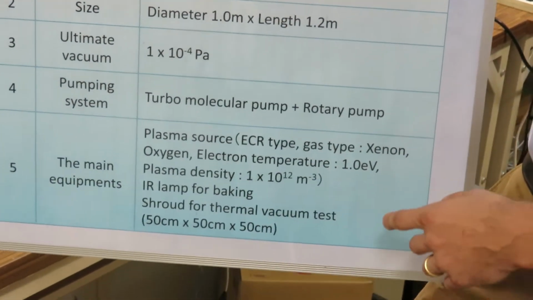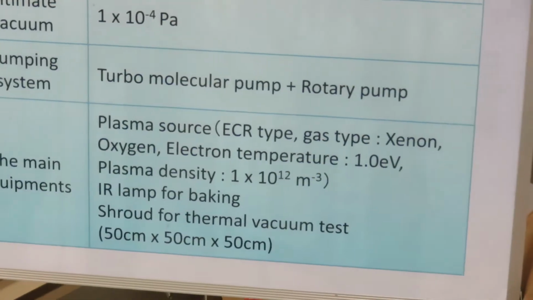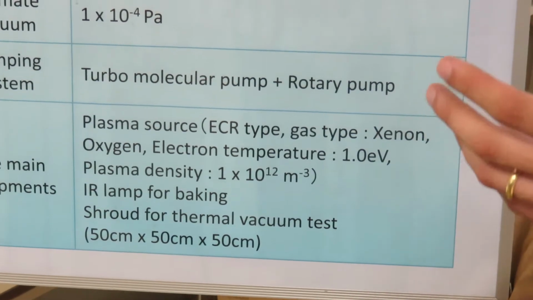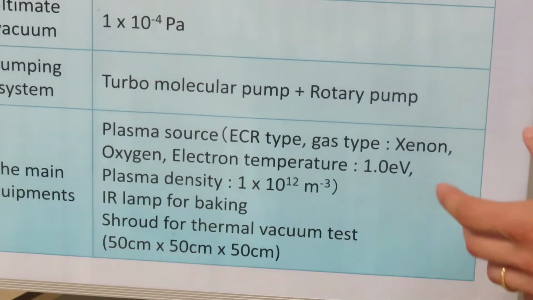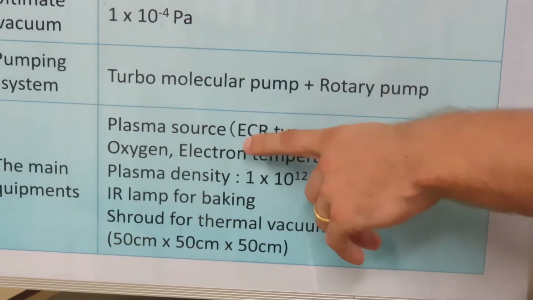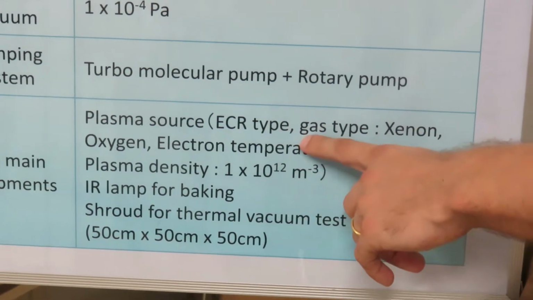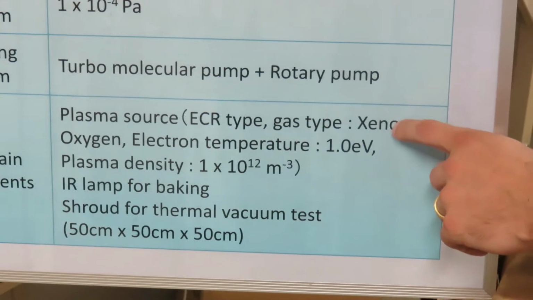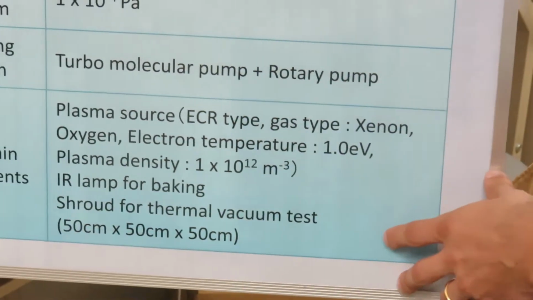And what do we use to generate the plasma? Well, because of what I mentioned before, LEO being a fairly low energy, high density environment, we use a plasma source, an ECR plasma source, and we can use different gases with this source, xenon, oxygen, for example.